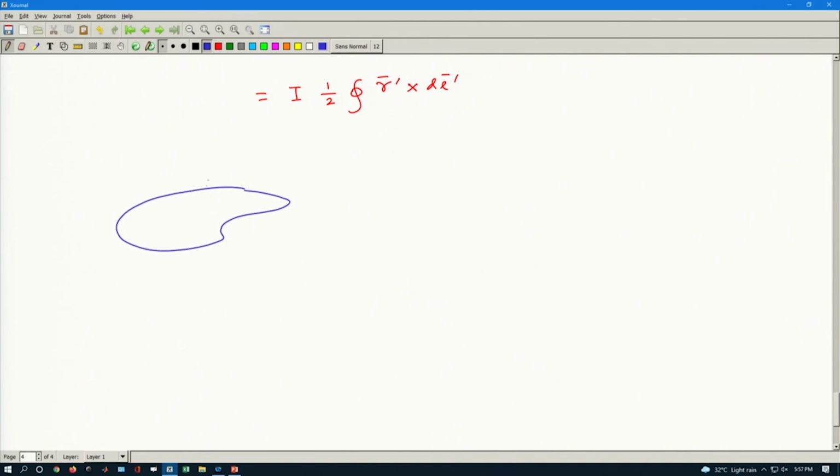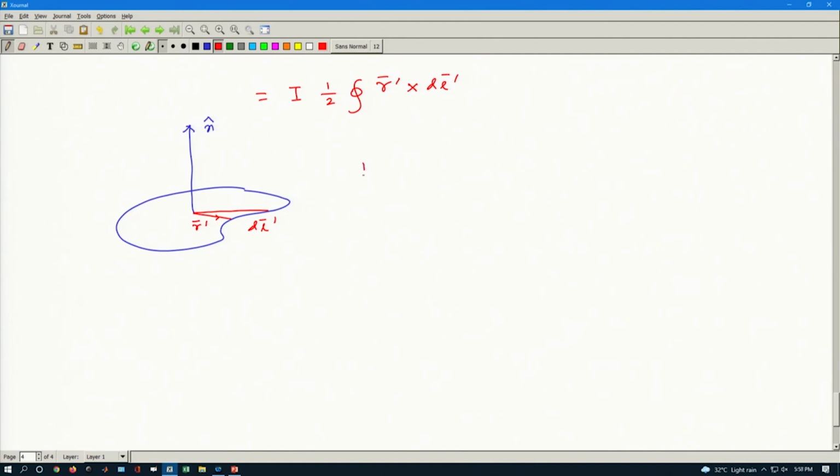this is a current loop and this is the direction of n. So, it is forming an area. If I have a small section from here to here, this is dl prime and say this is my r prime.